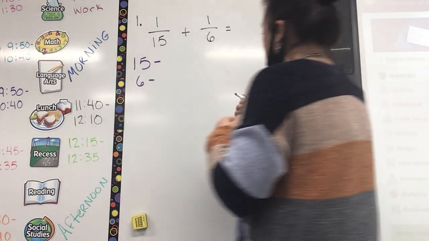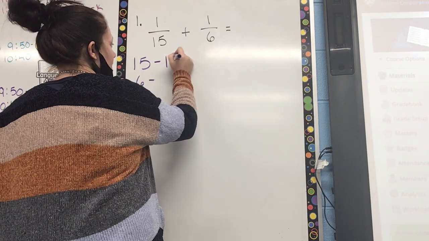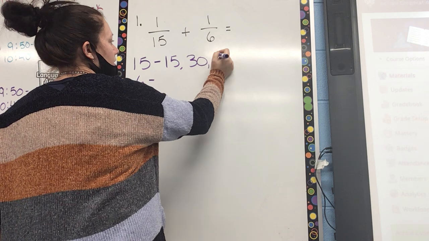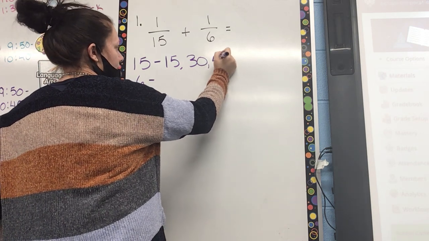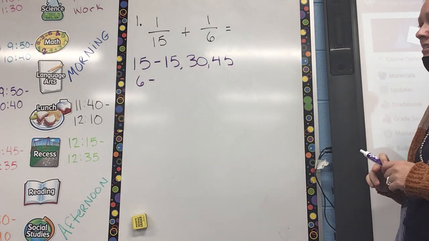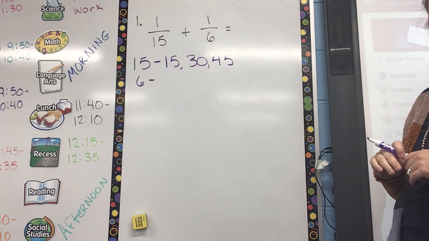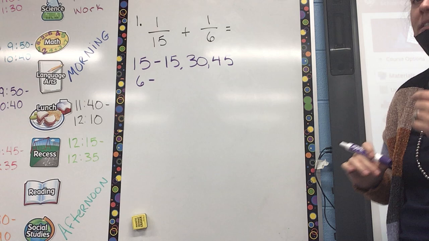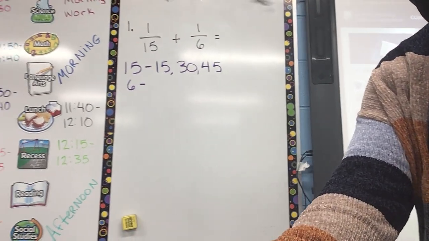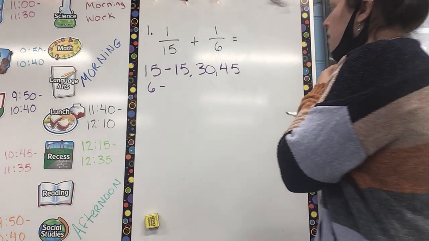All right, so multiples of 15. 15, 30, one more. 45. Let's stop there. And we never know if that's exactly where we should stop, but we're always going to write 3 or 4, then stop, and we'll see if that's enough. See if we'll find one in common. All right, multiples of 6.